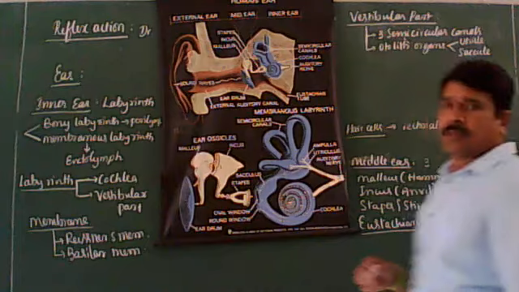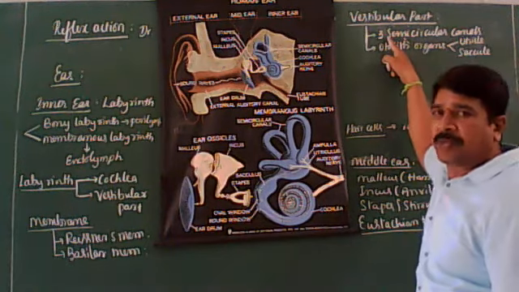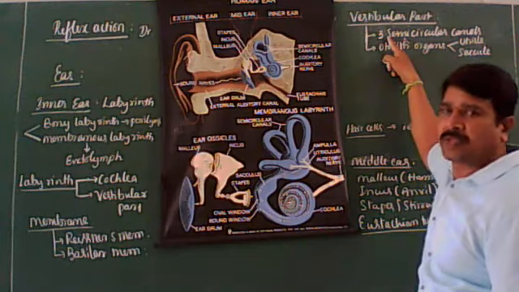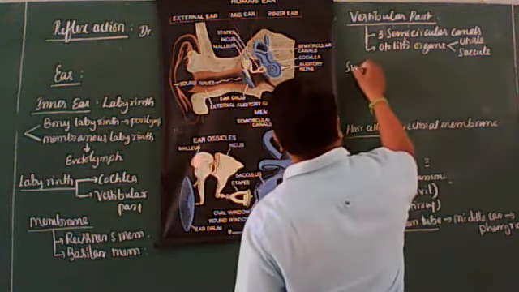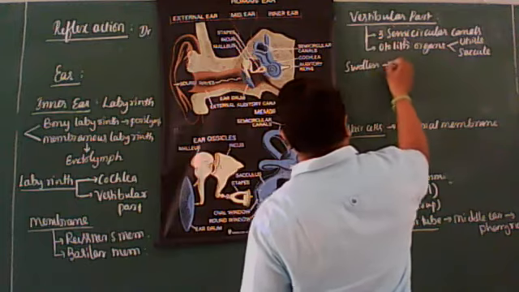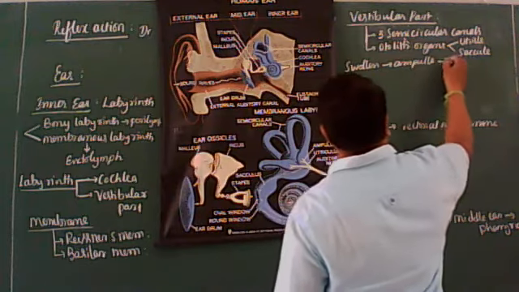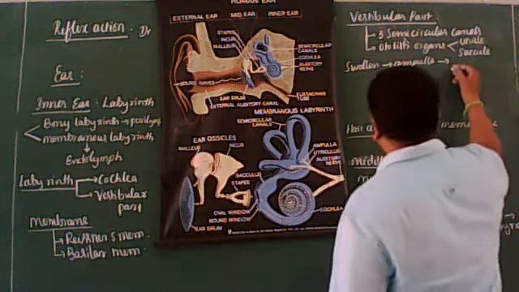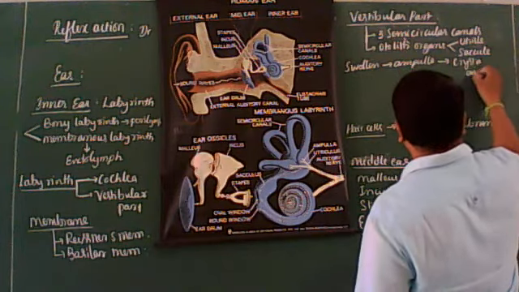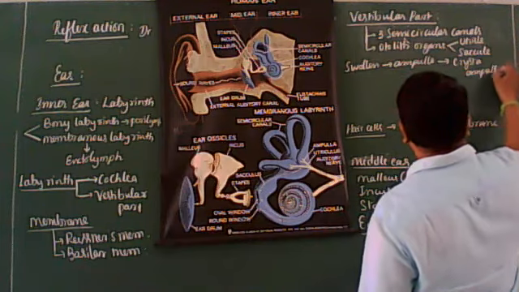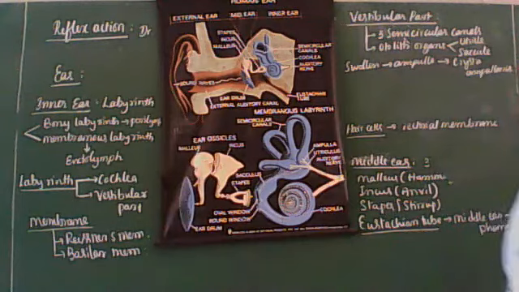Clear? As I said, each semicircular canal lies in different planes at right angles to each other. At the base of the semicircular canals, there is a swollen structure called ampulla. This ampulla has a projecting ridge called crista ampullaris.